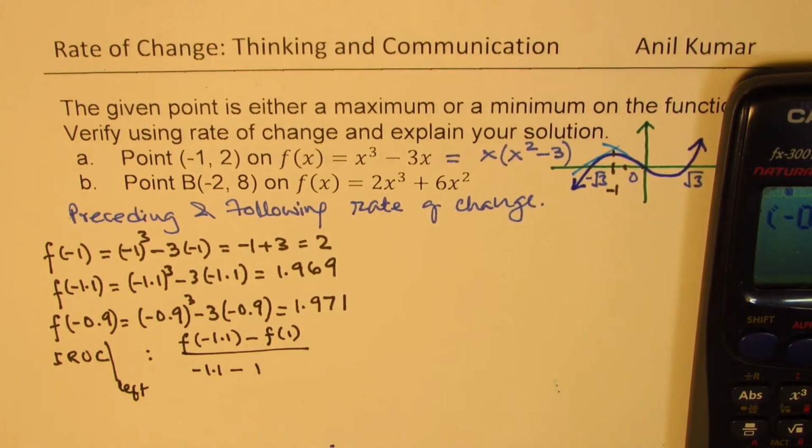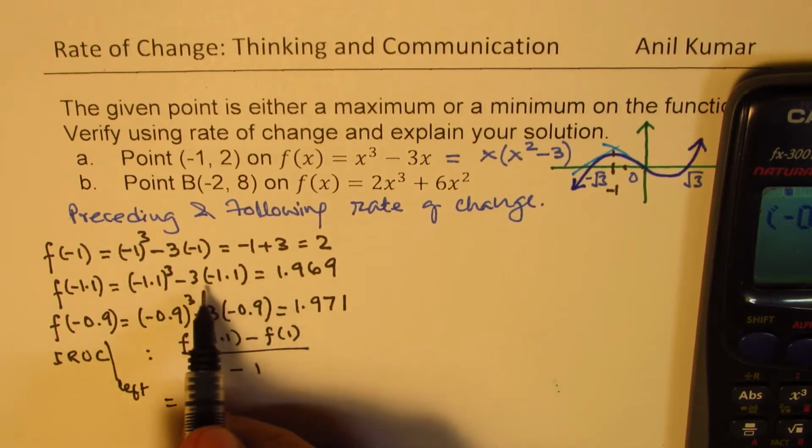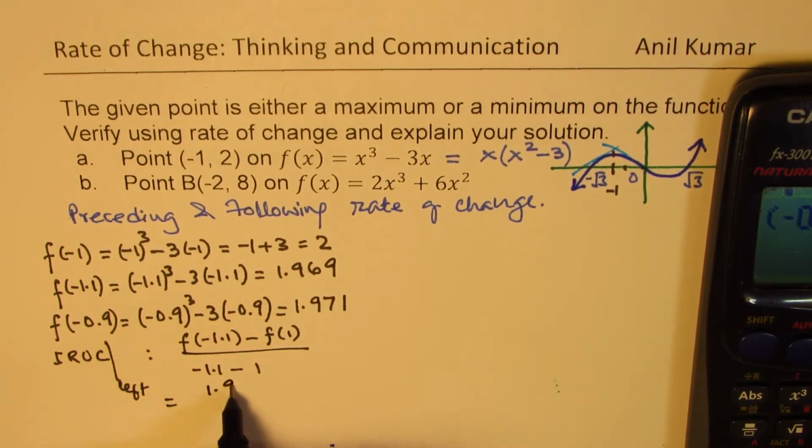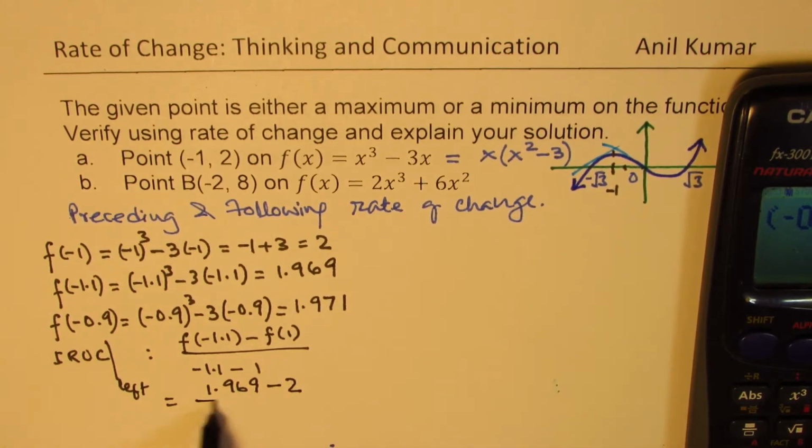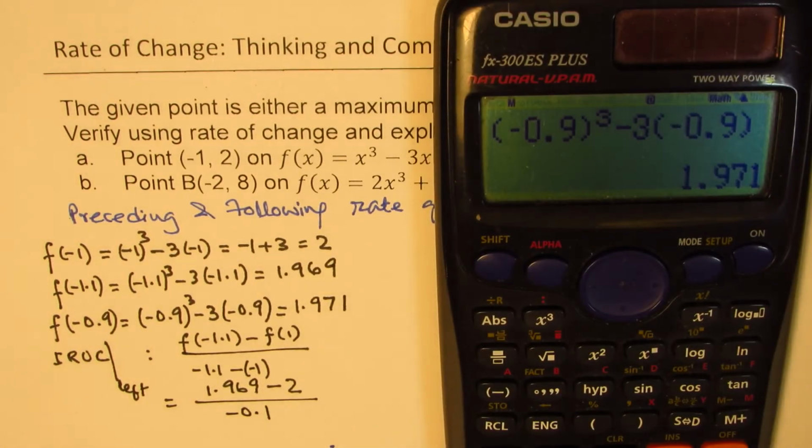So we'll calculate this value now. We already calculated f of minus 1.1 as 1.969, minus f of minus 1, which is 2, divided by, so minus of minus 1, I'm sorry, you add 1, so you get minus 0.1, correct?